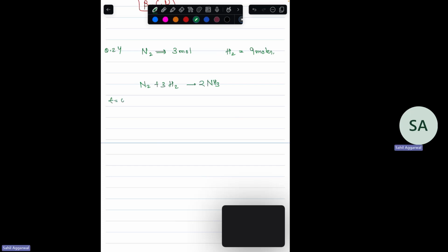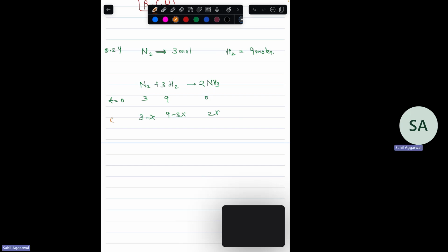At T equal to 0, this is 3 moles, this is 9 moles and this is 0. And reaction starts. We know X moles will react from here, then 3X moles will react from here and 2X mole will form here.